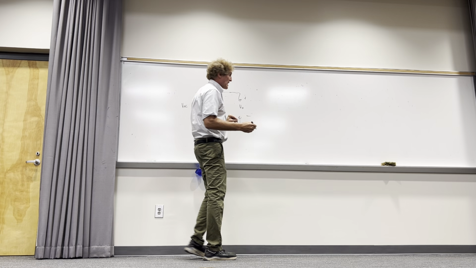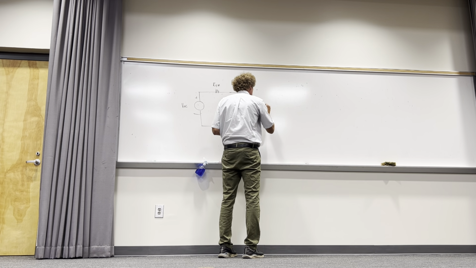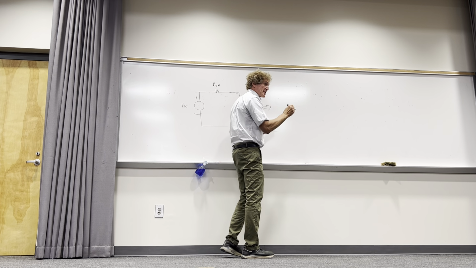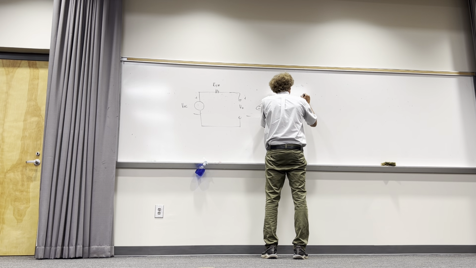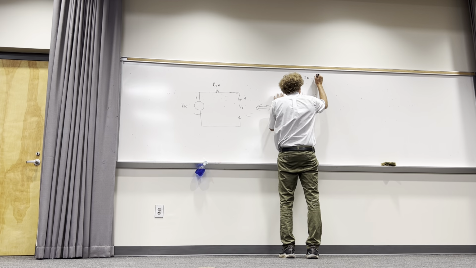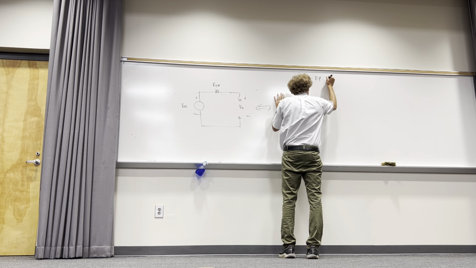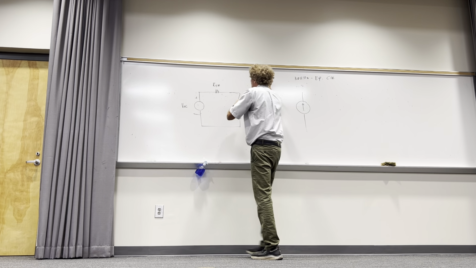But this is exactly equal to, I'm not going to prove this, I could, but exactly equal to a current source. This is called a Norton equivalent circuit. This is a Thevenin.